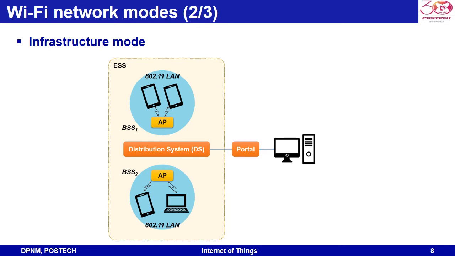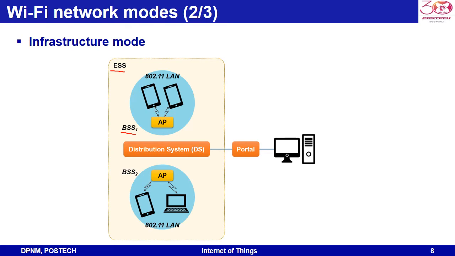The two types of service sets are Basic Service Set, BSS, and Extended Service Set, ESS. A BSS consists of a group of terminal devices and one access point, which links to a wired local area network. An ESS consists of more than one AP.